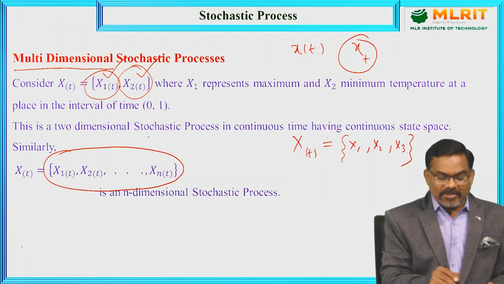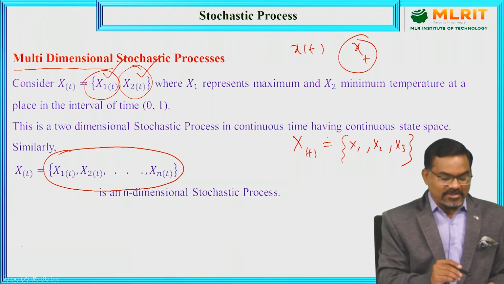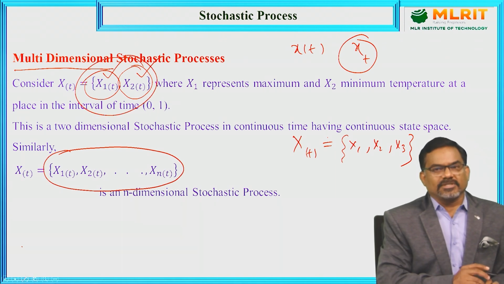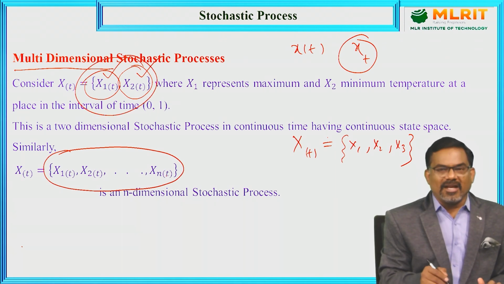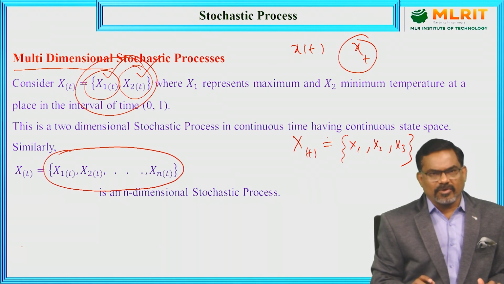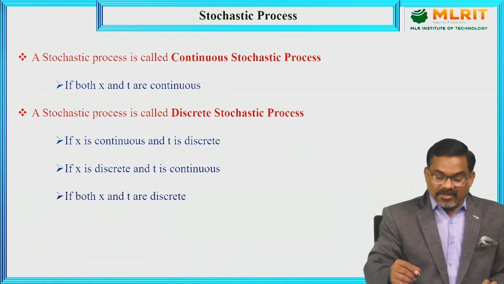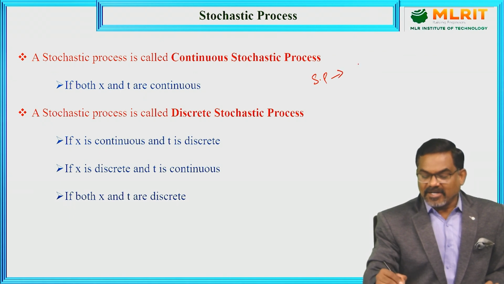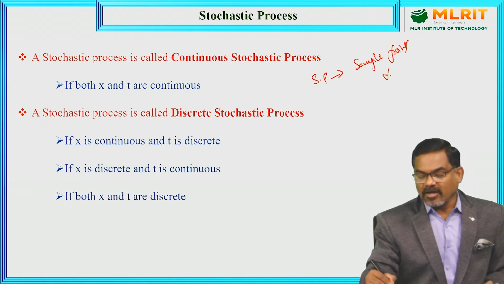This is a 2-dimensional stochastic process in continuous time having continuous state space. If we consider n values, that comes under an n-dimensional stochastic process. Now, a stochastic process is a function of sample points and also time.